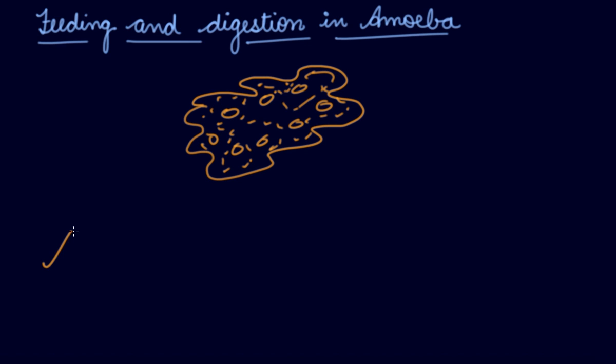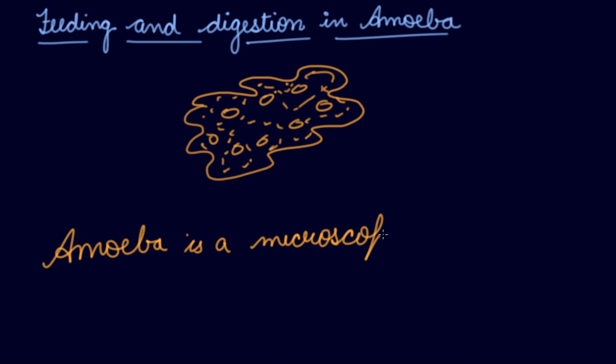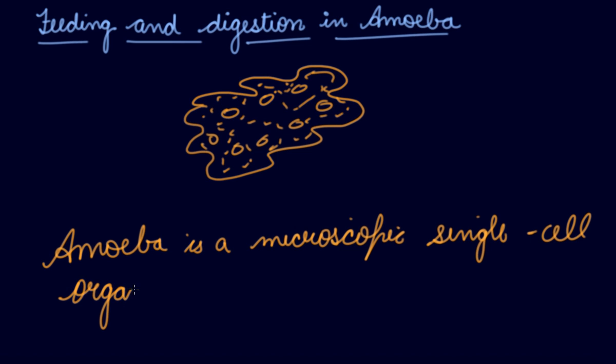Now see, your amoeba is a microscopic single cell organism. Now you cannot see amoeba with your naked eyes. You need a microscope to see the amoeba, as these are single cell organisms.